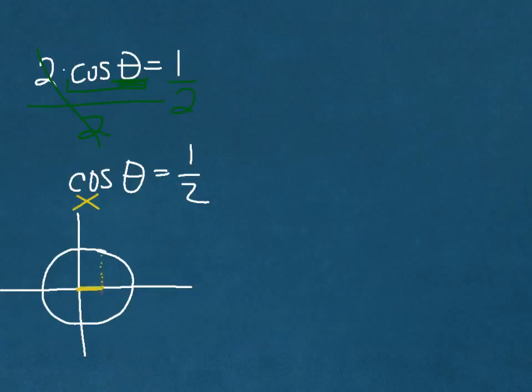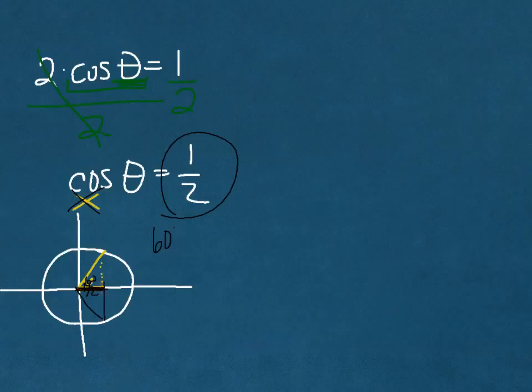And then where on the unit circle is that going to be? And we know that if our x value is 1/2, that's the little side, so this is going to be a 60-degree angle. Keeping in mind that there's actually 2 values.